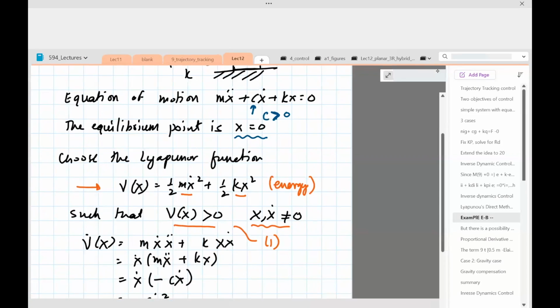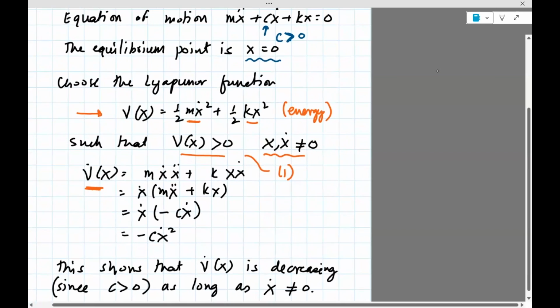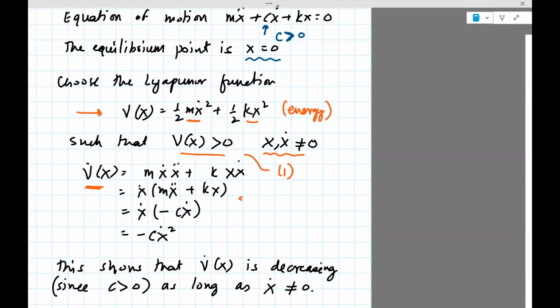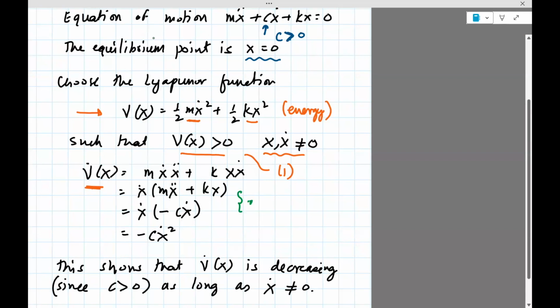And then we have to somehow show that V dot of x is less than 0. So how do we do that? We take the derivative of V of x. The derivative of this term gives you m x dot x double dot, using the chain rule again, half kx squared gives kx x dot. Move x dot out, but m x double dot plus kx is minus c x dot, right?